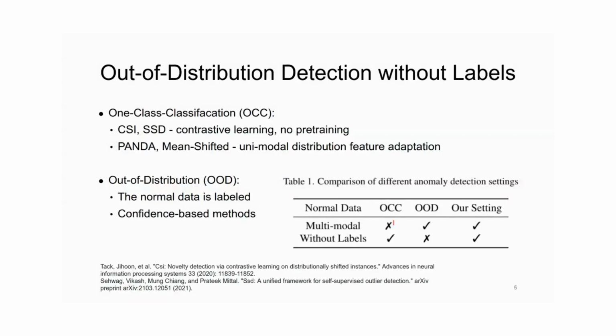And most of the one-class classification methods focused on unimodal datasets, where the normal train data is composed of a single semantic class. There are some works, such as CSI and SSD, which did evaluate on multimodal datasets, and we compare to them in this work.